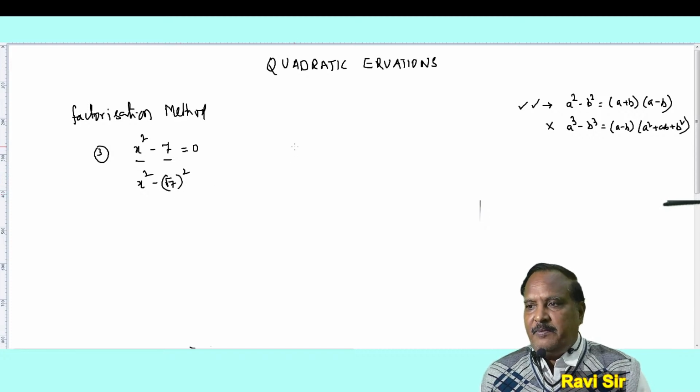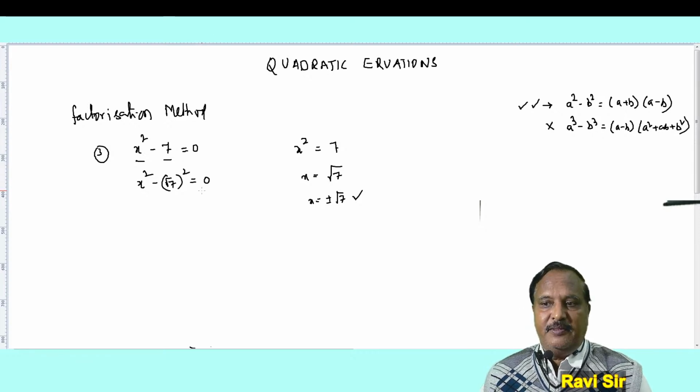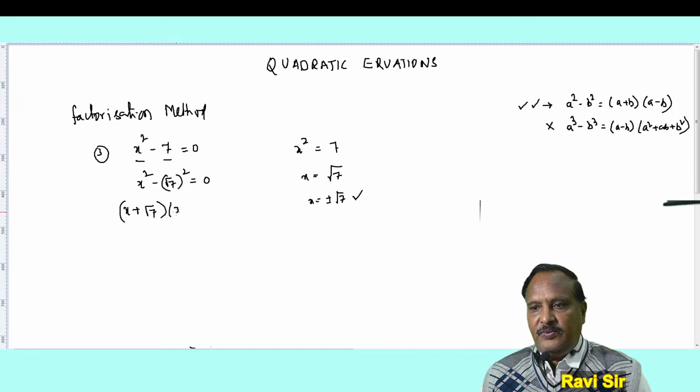Some people may do like this: x square is equal to 7, x is equal to square root of 7. That means x is equal to plus or minus root 7. This is also correct. Maybe this problem may come from the basic people. So now here you can apply again the formula: x plus root 7 into x minus root 7.